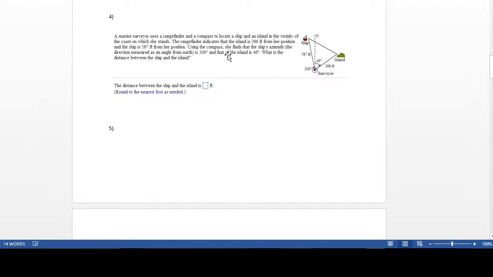So I want to see why that angle is not 54 degrees. Are they just trying to mess with you with the 46 degree angle? Let me read it. The rangefinder indicates that the island is 396 feet from the position, and using the compass she finds the ship's azimuth direction, measured as an angle.